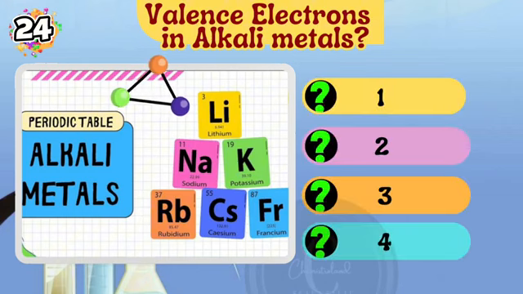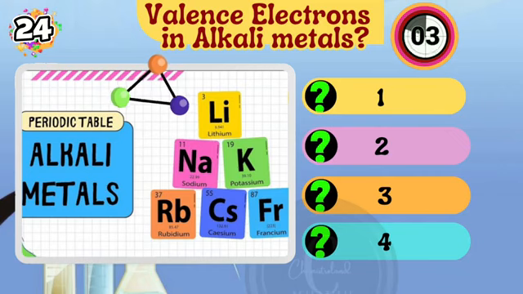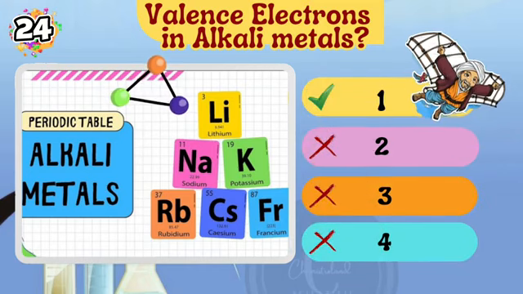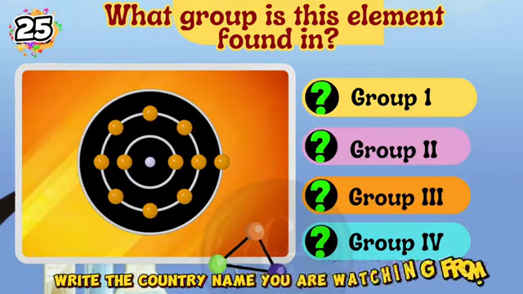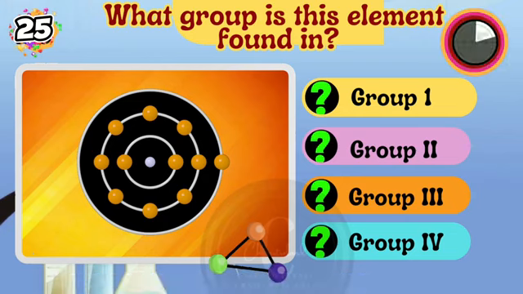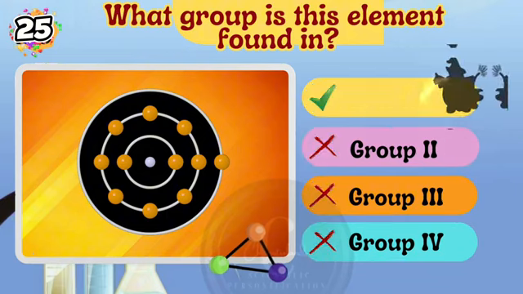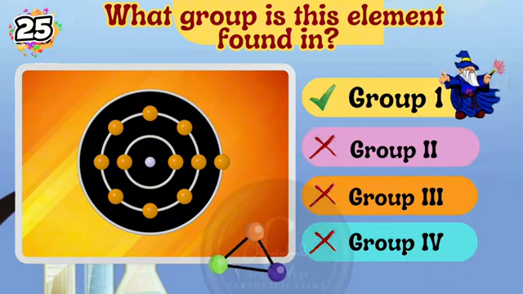Number of valence electrons in alkali metals. Only one electron is present in the valence shell of group 1. What group is this element found in? This is sodium, found in the group 1.